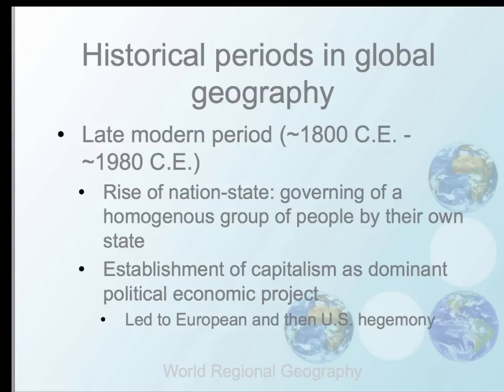So in this era, important developments include the rise of the nation-state, which is a way of saying the governing of a homogeneous group of people by their own state, and, most importantly, the establishment of capitalism as the dominant political economic project worldwide. And this led to European and then later on to US hegemony, with hegemony being another way of saying who's dominating the world, basically.